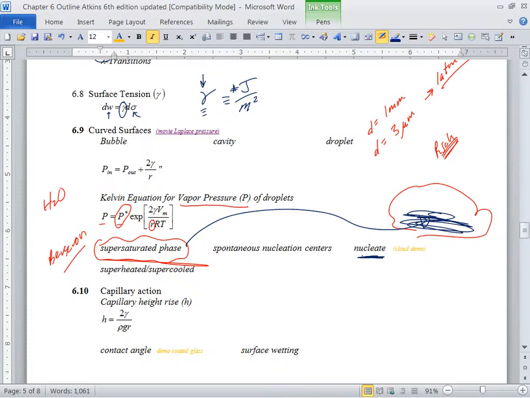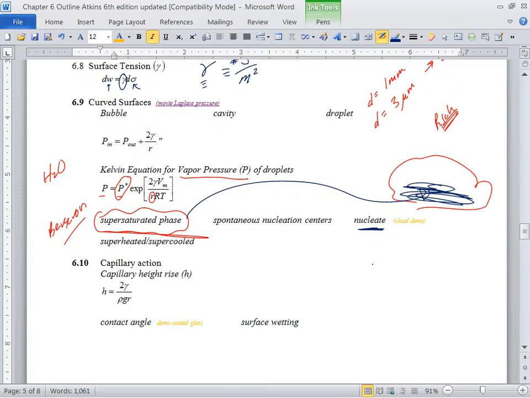For example, what I want to show you is, so here, whoa, what happened there? This has a lot to do with the project that I mentioned that Mungia got. And the idea is you can figure out surface tensions by measuring the capillary rise height in the capillary tube.